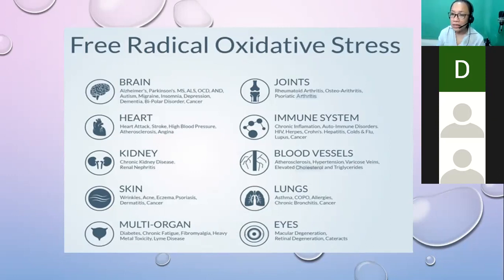Skin, you can see it very well if you have a lot of free radicals in your skin, because of the occurrence of wrinkles, a lot of eczema, because eczema is inflammation, a lot of pimples, acne. That's one example of free radical damage. Okay, and a lot more.